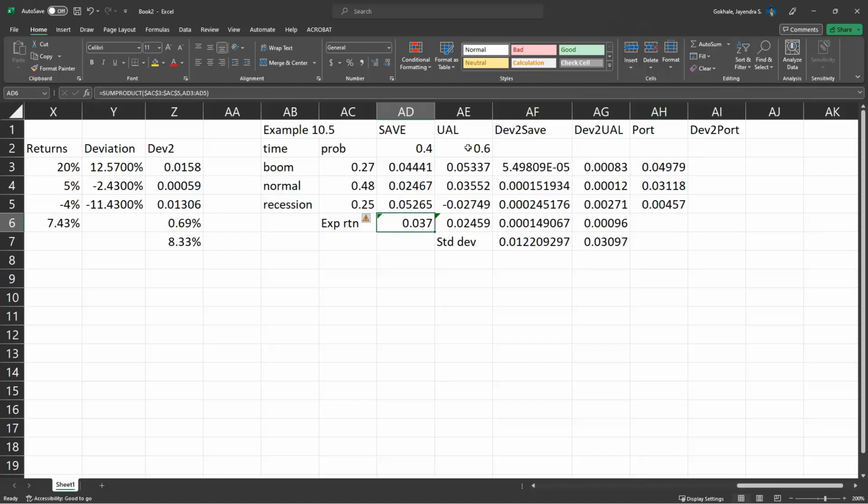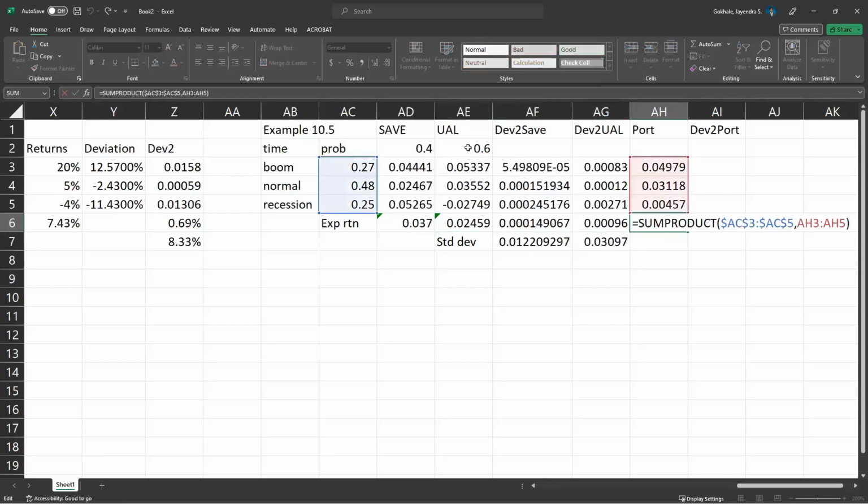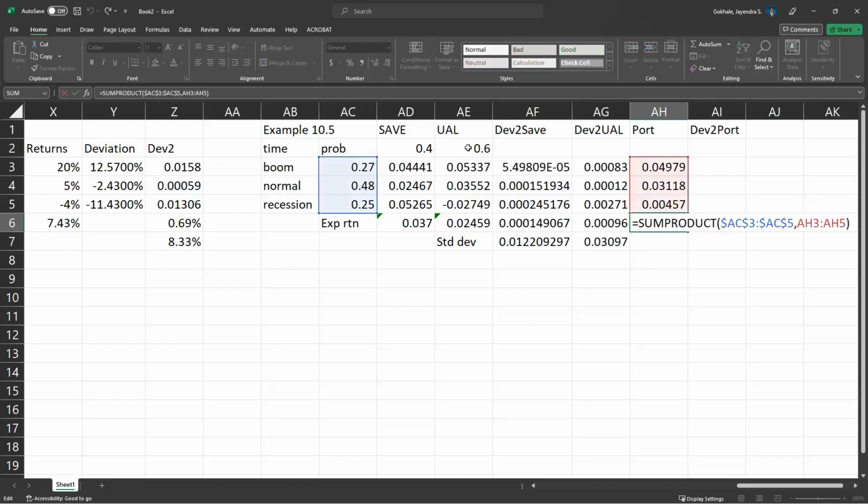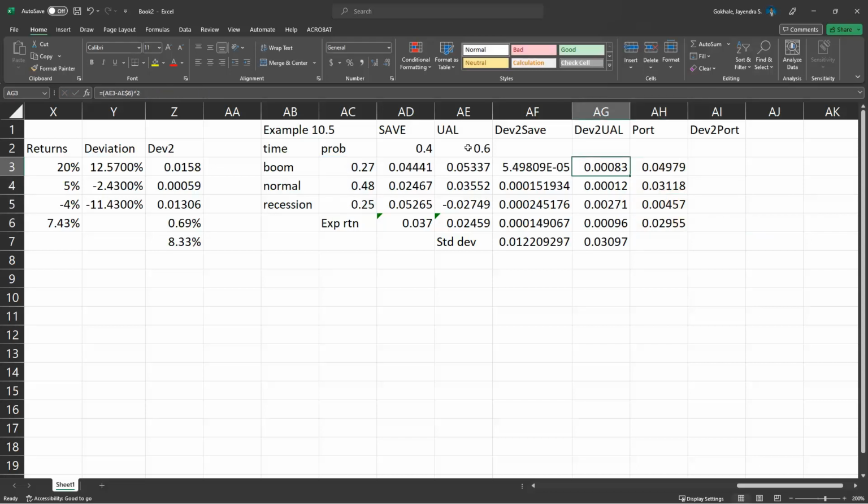Now we will take the sum product again. So any of these formulae, copy that and Control V. So you can see it's taking sum product of the portfolio returns with the probability weights of boom time, normal time, and recession. And then Control R it, well, we don't need to Control R it because this is just an average value from the portfolio. Next, we have to take the squared deviation. So to take the squared deviation, again, because all the formulae are in place, we'll do it slowly.